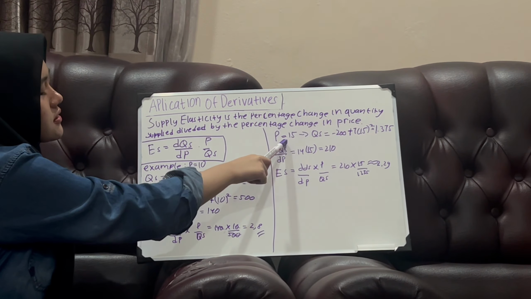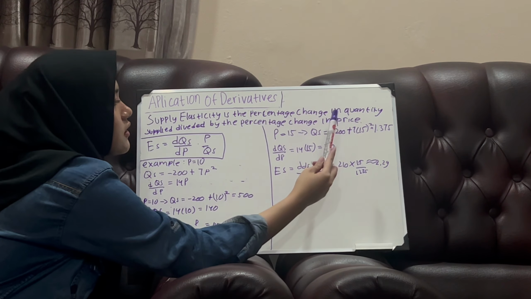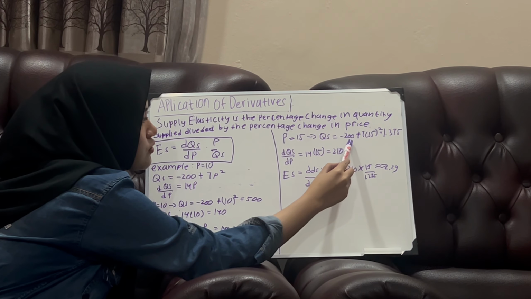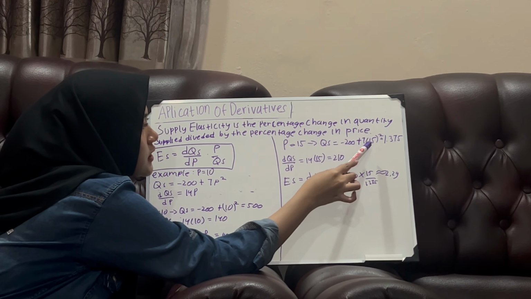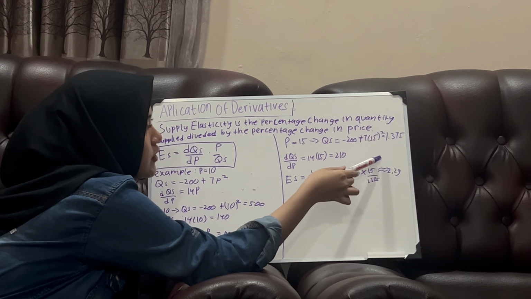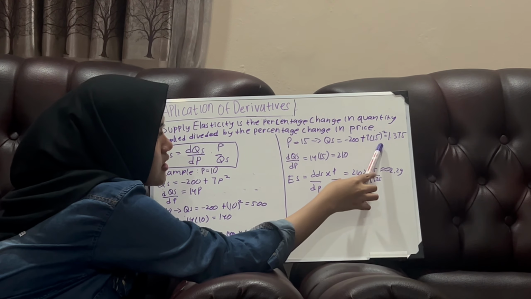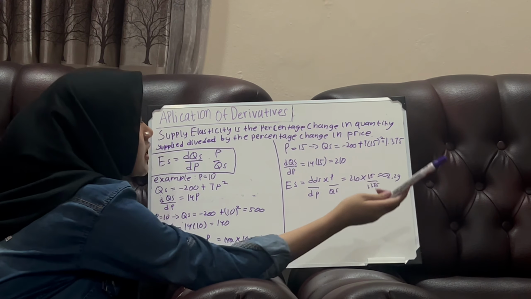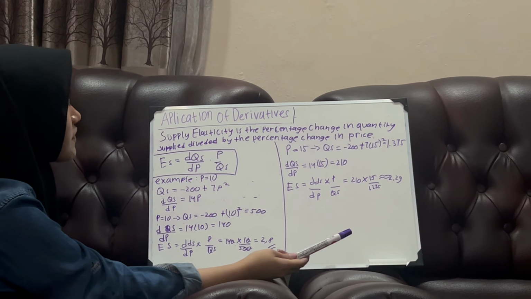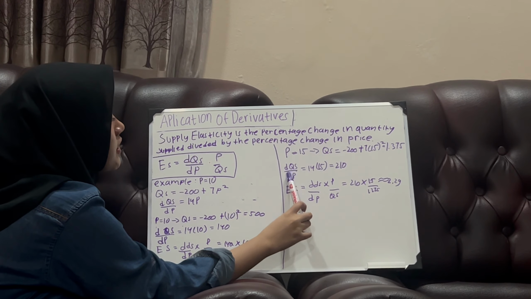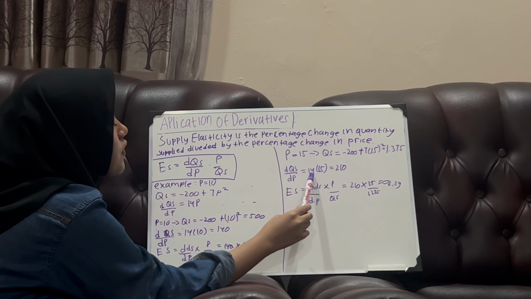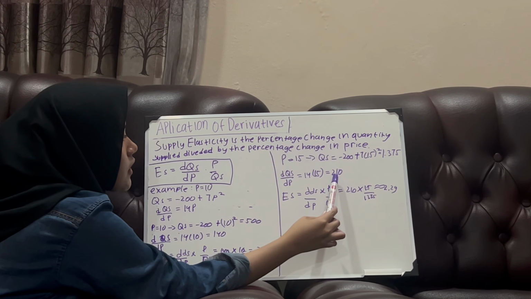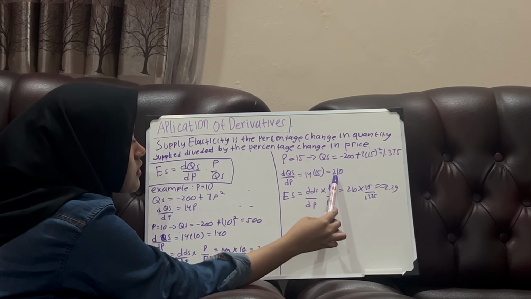If the price is 15, QS equals minus 200 plus 7 times 15 squared, which is 1375. dQS per dP equals 14 times 15, equals 210.